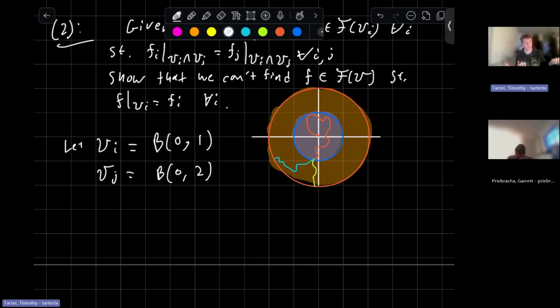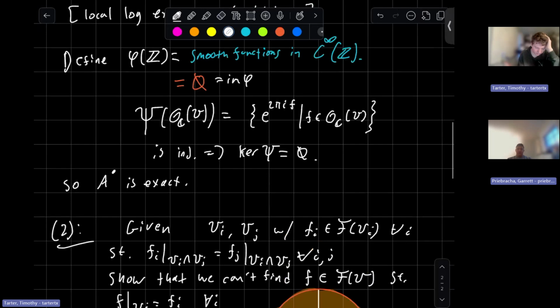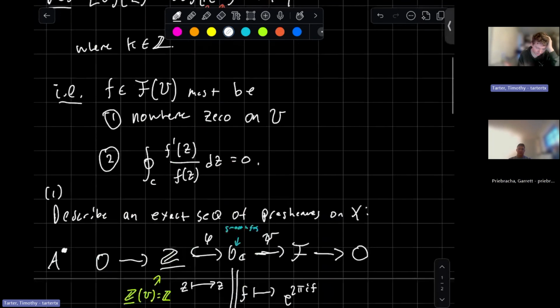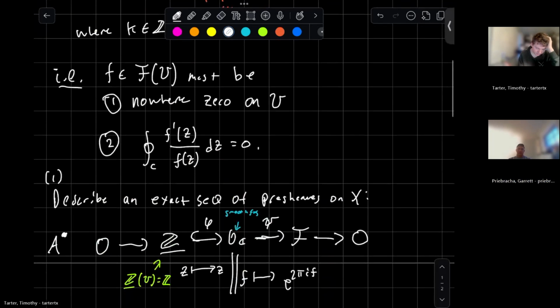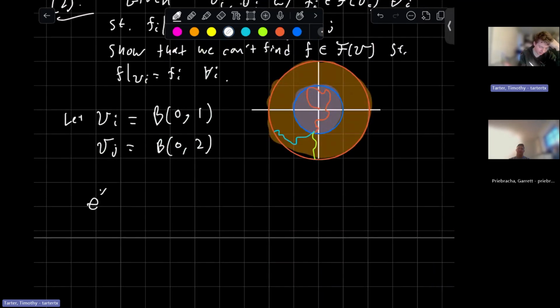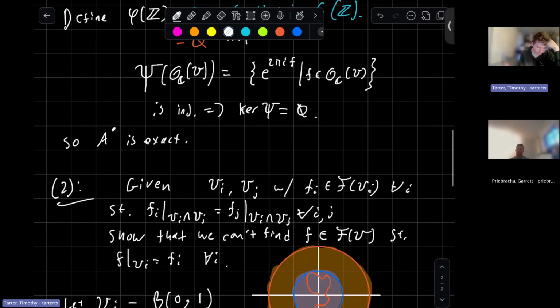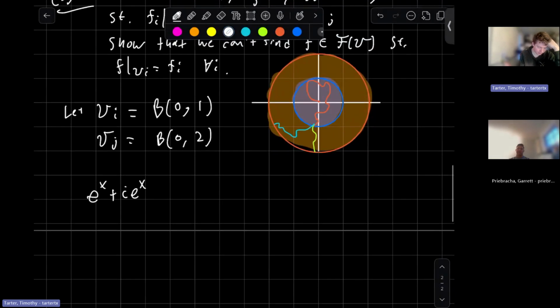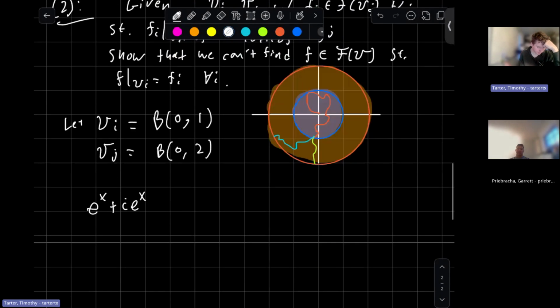What are good... I just can't think of functions that admit logs that are nice. So we want something where it's nowhere 0. So maybe like e to the x plus i e to the x. Is that analytic? Yeah, that's analytic.